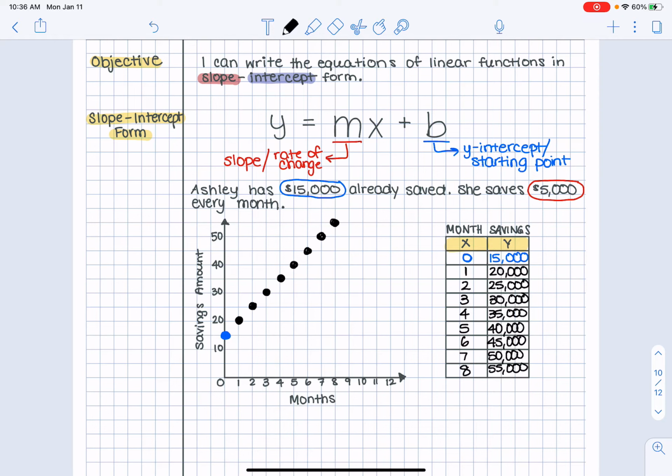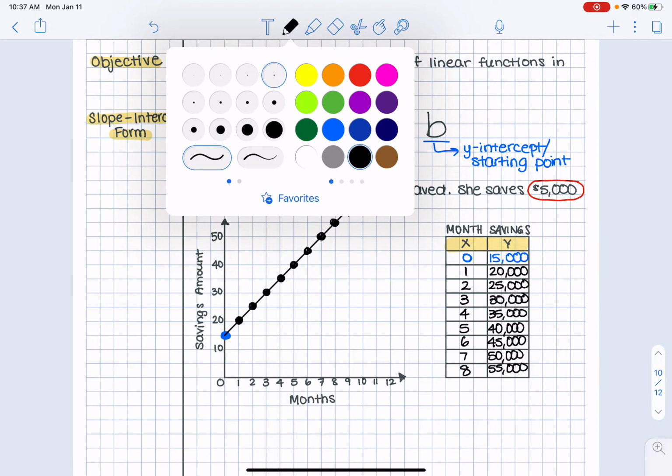Okay. And then what I also want to do is connect my line together on the graph to show that this line can continue upwards if I wanted it to. Okay?